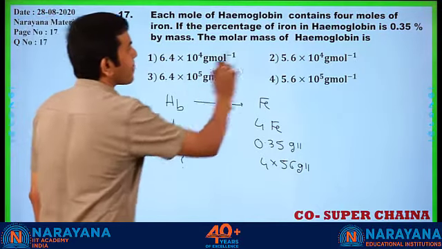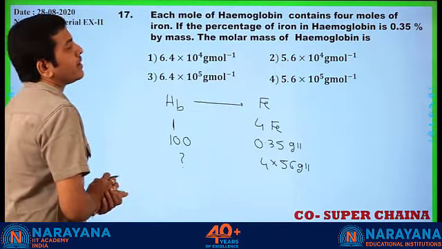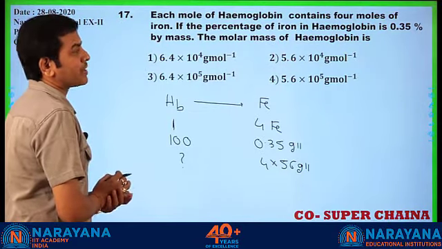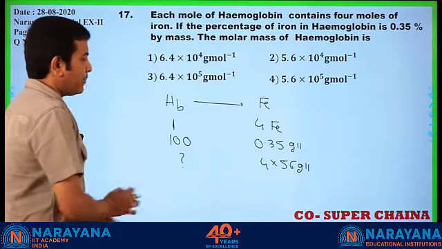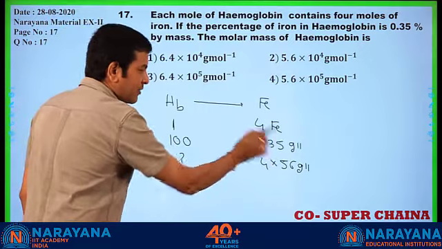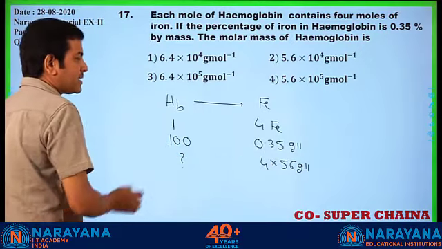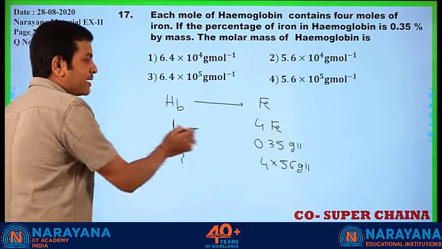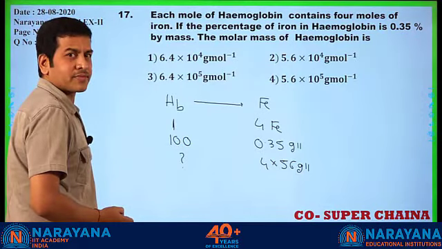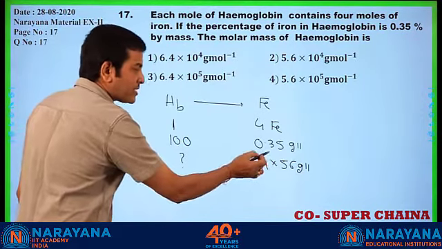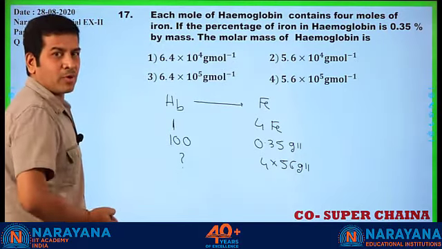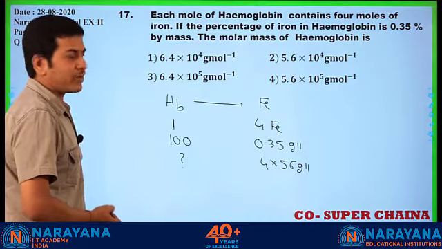Once again, 0.35% by mass of iron is present in that hemoglobin, which means 100 grams of hemoglobin contains 0.35 grams of iron. Already it is given that 1 mole of hemoglobin contains 4 moles of iron atoms. Then 4 into 56 grams of iron is present in how much hemoglobin? It will be the molecular weight.